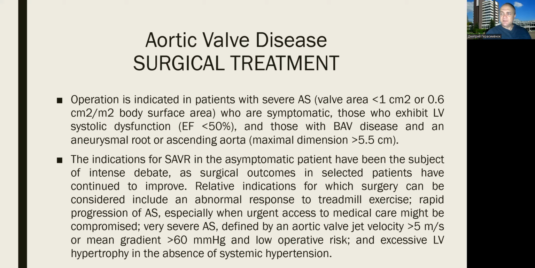As surgical outcomes in selected patients have continued to improve, relative indications for which surgery can be considered include an abnormal response to treadmill exercise, rapid progression of aortic stenosis, especially when urgent access to medical care might be compromised, very severe aortic stenosis defined by an aortic valve jet velocity more than 5 meters per second, or mean gradient more than 60, and low operative risk, and excessive left ventricle hypertrophy in absence of systemic hypertension.